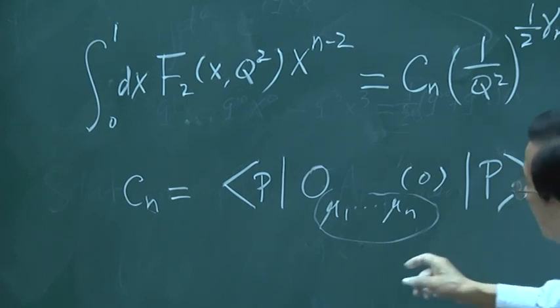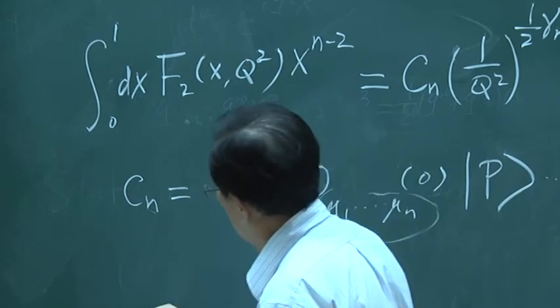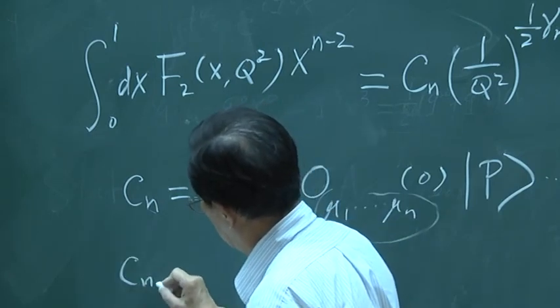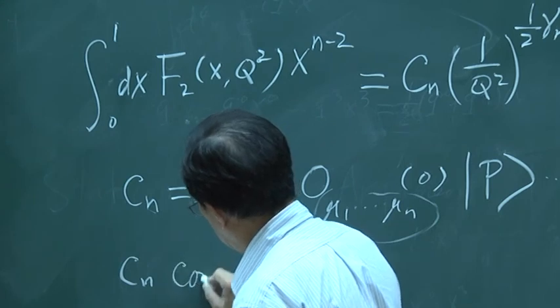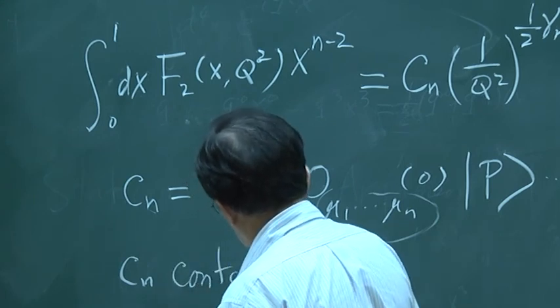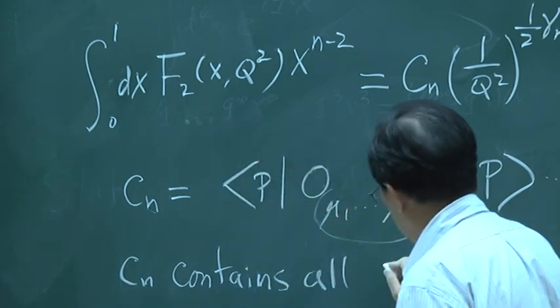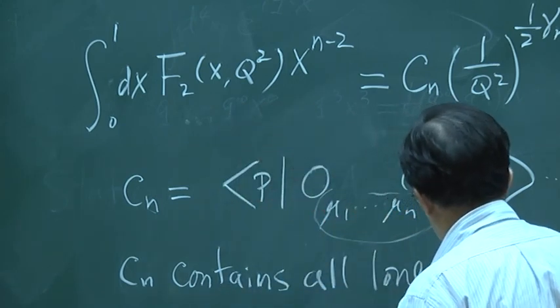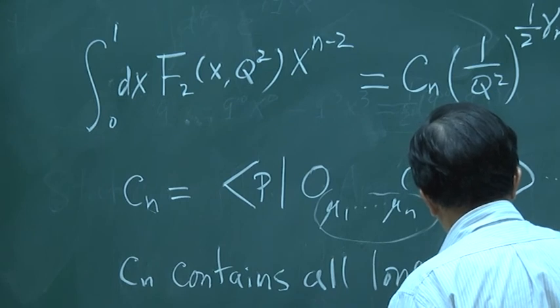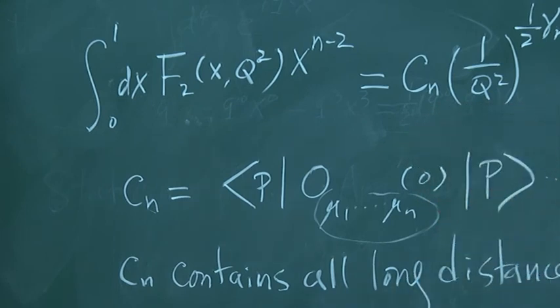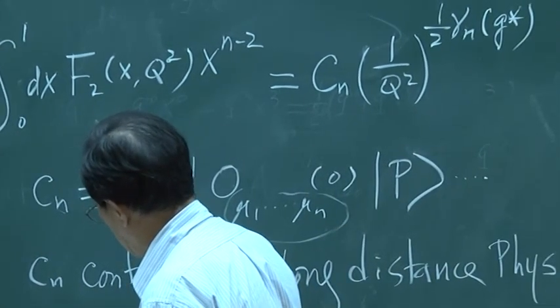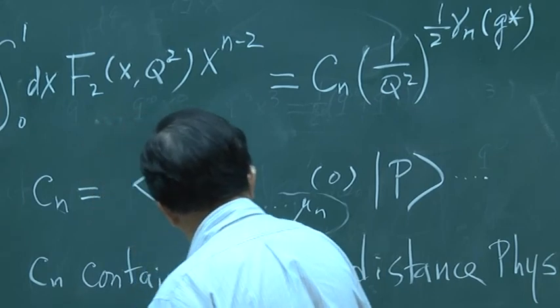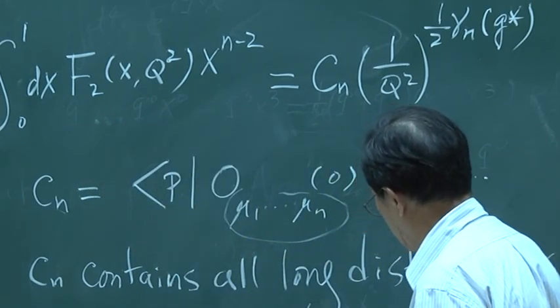Okay. The point is the C n contains all long distance physics, and gamma and g star contain all short distance physics.